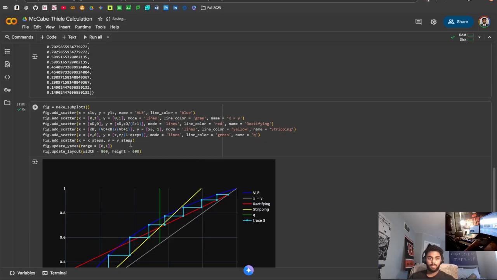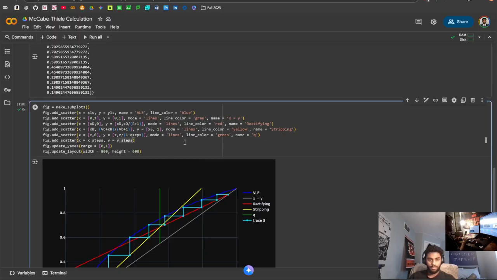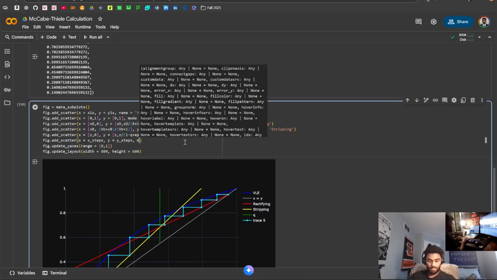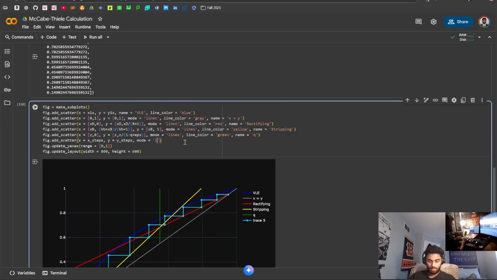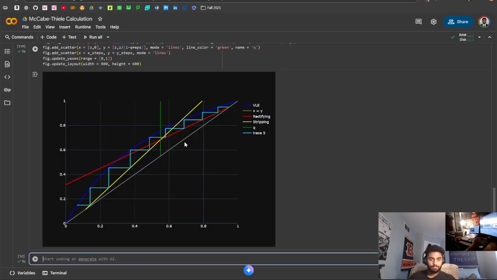I don't like that there are little pointers there. So I'm actually going to set this mode equal to lines. And we see this nice, beautiful staircase. We jump over that crossover point and we keep going. And we see that this last little leg here actually doesn't perfectly line up with our bottoms composition.